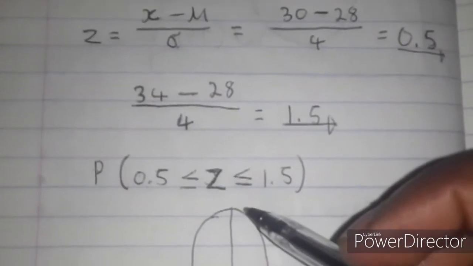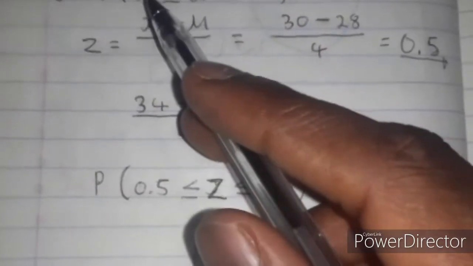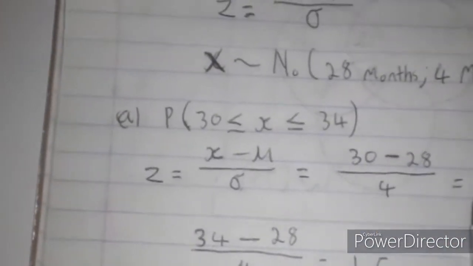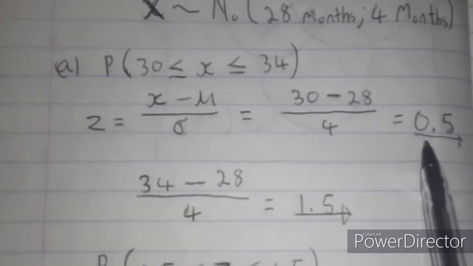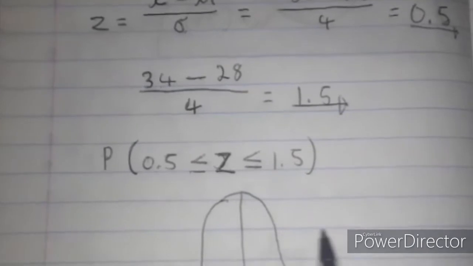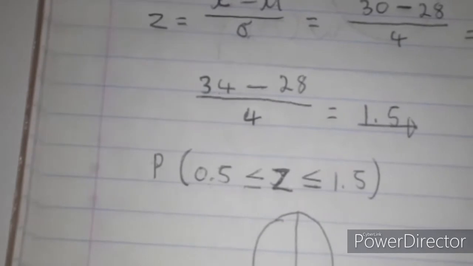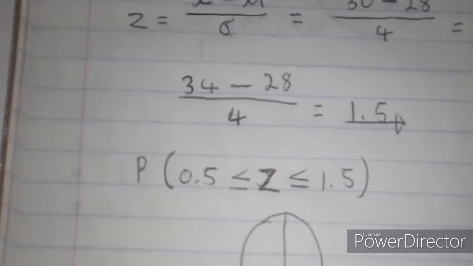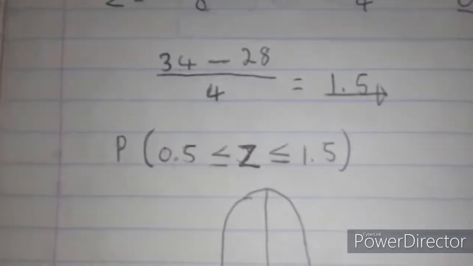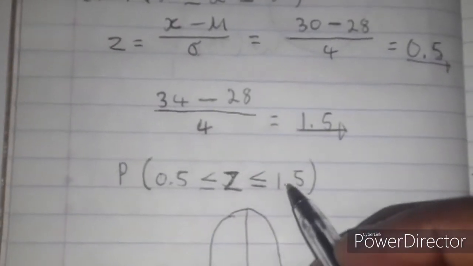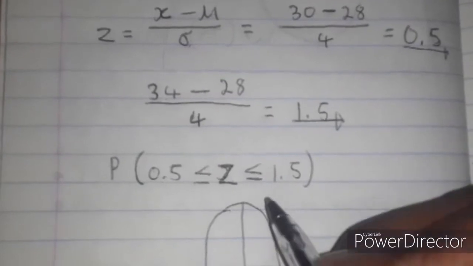Now, with the x value of 30, we got z, which is 0.5, and 0.5 is positive. This side is the positive side, and this side is the negative side. So all the negative numbers are on this side and all the positive ones are on this side. In the middle is 0, but we're going to start by the mean.